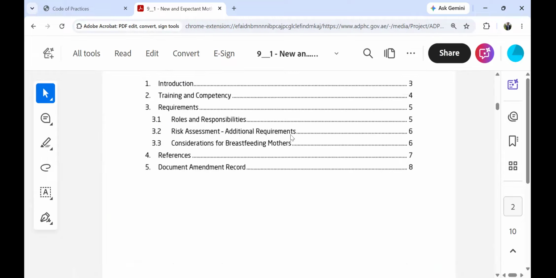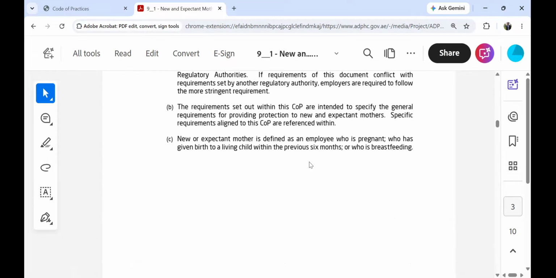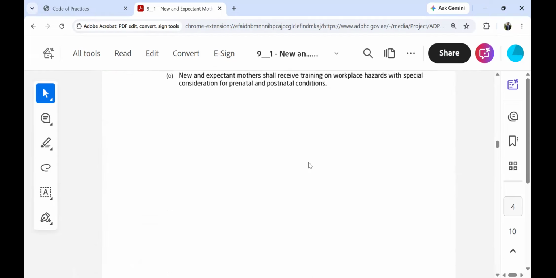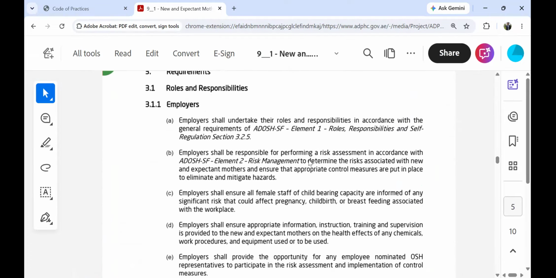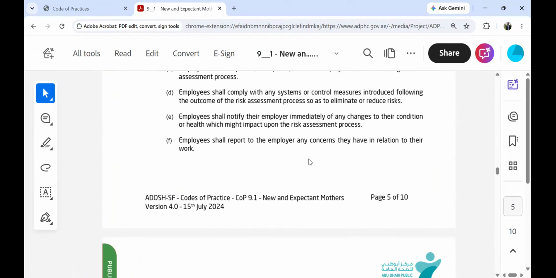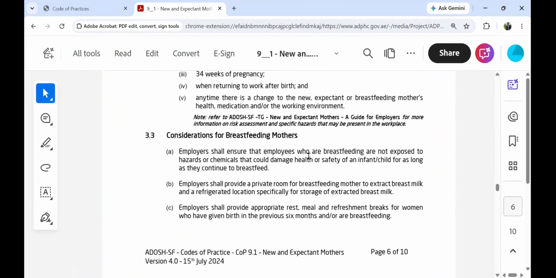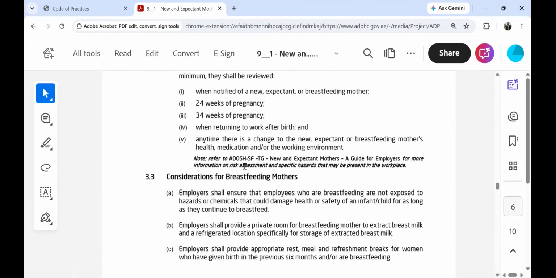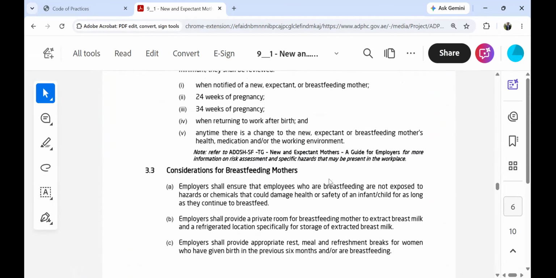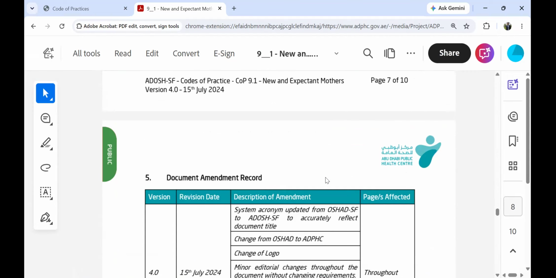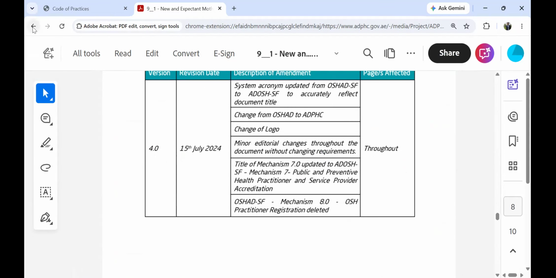Like risk consideration. See here, like breastfeeding mothers. Okay, now we also have another document.